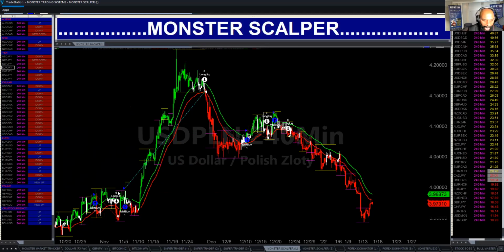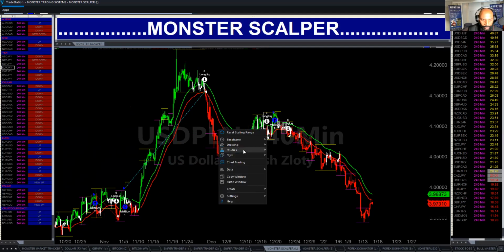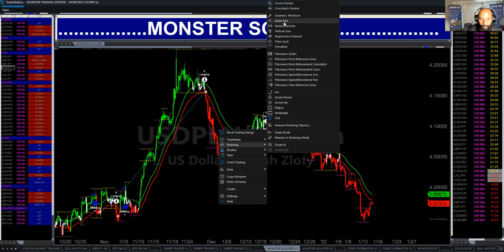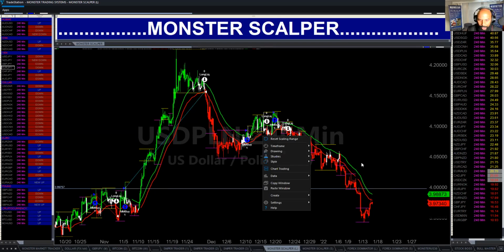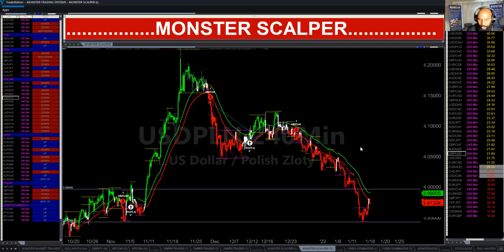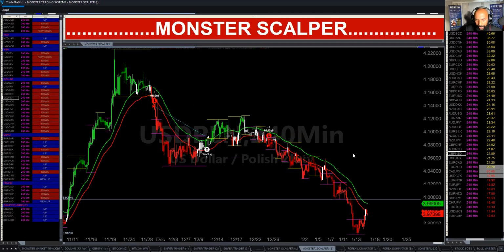So I would be watching for this area here. Don't take any trades yet to the long side. We know that it's dropped quite a bit. Wait for a good trigger, guys. You'll know when it's getting ready to go long because it will close its short trade here.